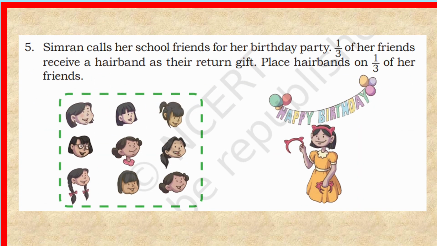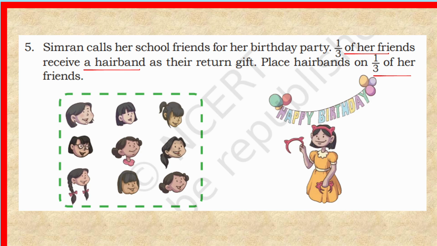Next one, Simran calls her school friends for her birthday party. 1/3 of her friends receive a hairband as a return gift. So Simran has invited her friends from school to celebrate her birthday.